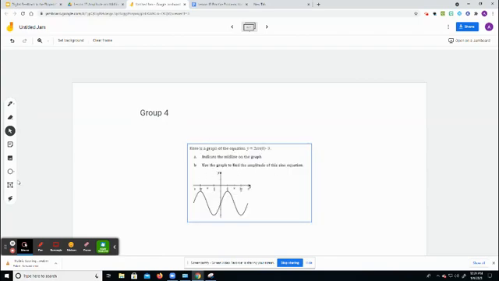Now, some of the interesting things that Jamboard offers for collaboration, students could find the midline. So they could, on here, draw in where the midline is of this graph.